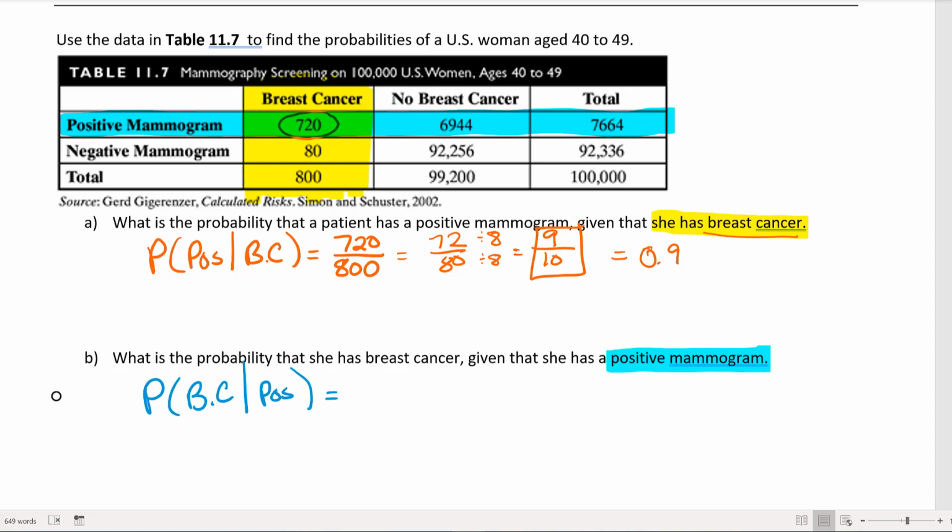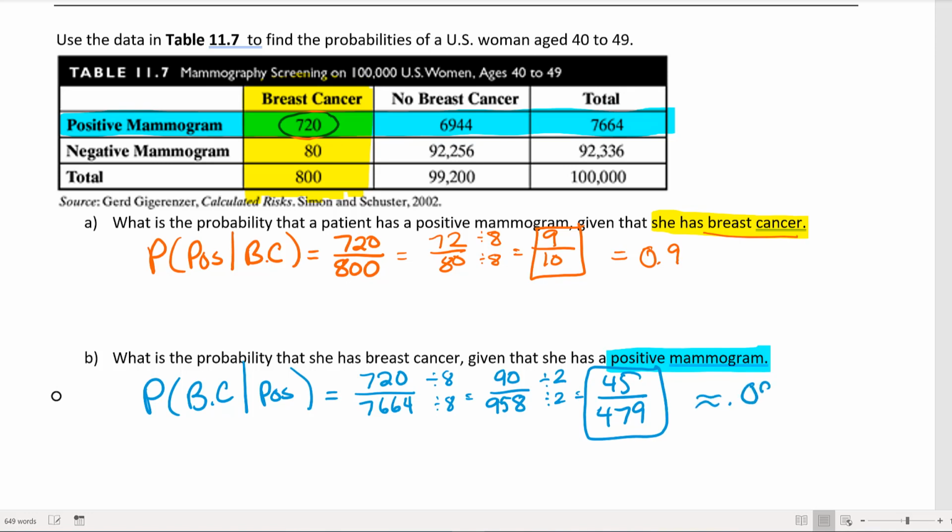So how many people have breast cancer given that she is positive? It's 720 out of the total number that have a positive mammogram, 7,664. If I divide this by 8, that gets me 90 over, you might want to get a calculator out, 958. And I believe that's divisible by 2 as well, so that's 45 over 479. If I take out a calculator, that's around 0.094.